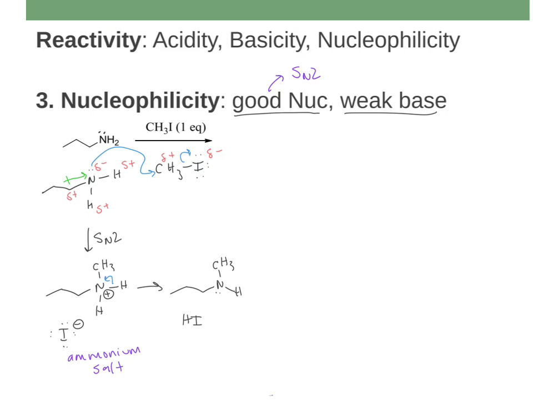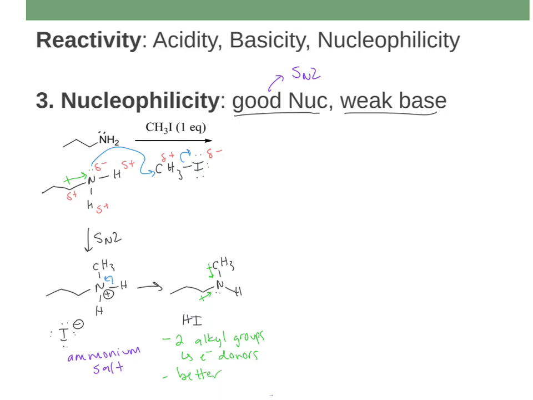But if I look at the product that I just made, it still has that same propyl group on it, but now it has a methyl on it too. And so now this molecule here has two alkyl groups, right, which we said are electron donors, which means this is now a better nucleophile, right?